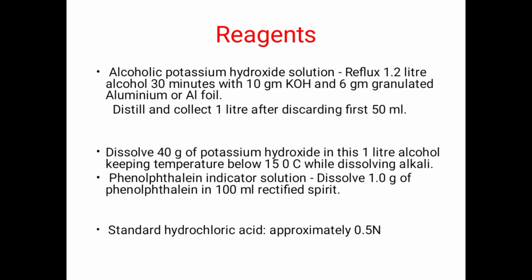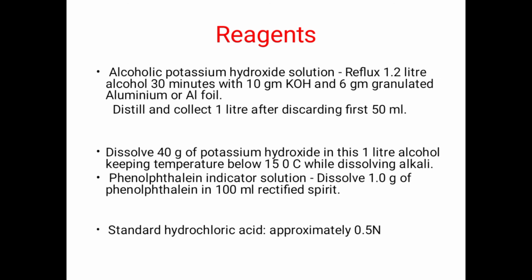The second reagent we require is potassium hydroxide. So dissolve 40 gram of potassium hydroxide in this 1 liter of alcohol, keeping the temperature below 50 degrees Celsius while dissolving the alkali. So for the alcoholic potassium hydroxide solution, you have to reflux 1.2 liter alcohol for 30 minutes with 10 grams of KOH and 6 gram granulated aluminum or aluminum foil.